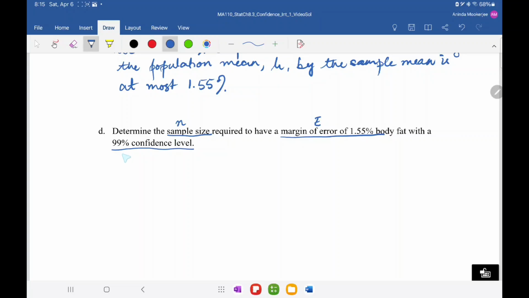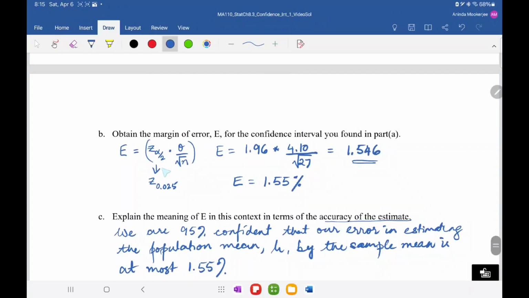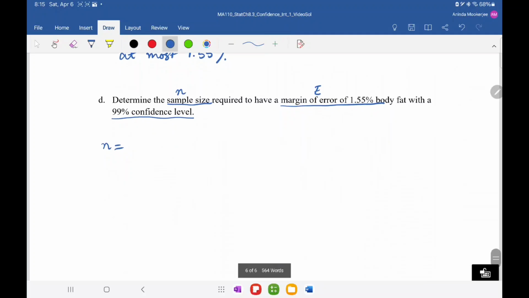Now, there is a formula to find the sample size, and that particular formula is actually derived from the formula of the margin of error, E equals Z of alpha by 2 times sigma over square root of n. If we solve for n in this equation, we will come up with this formula here.